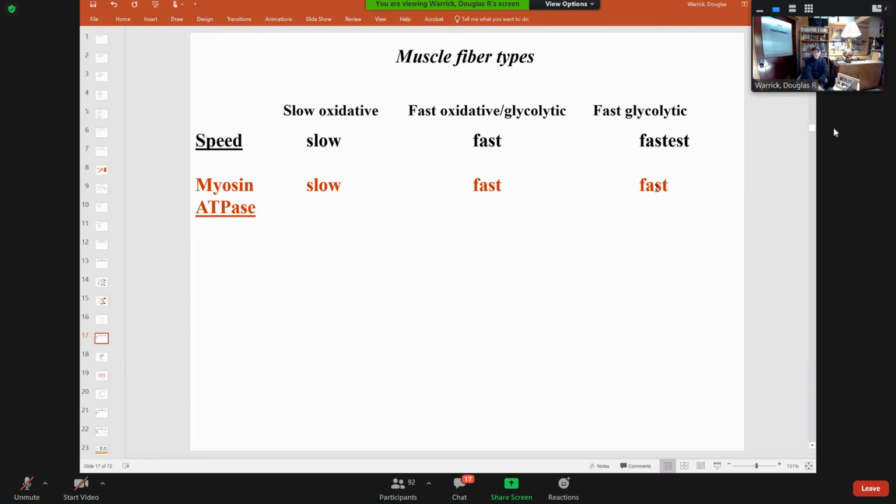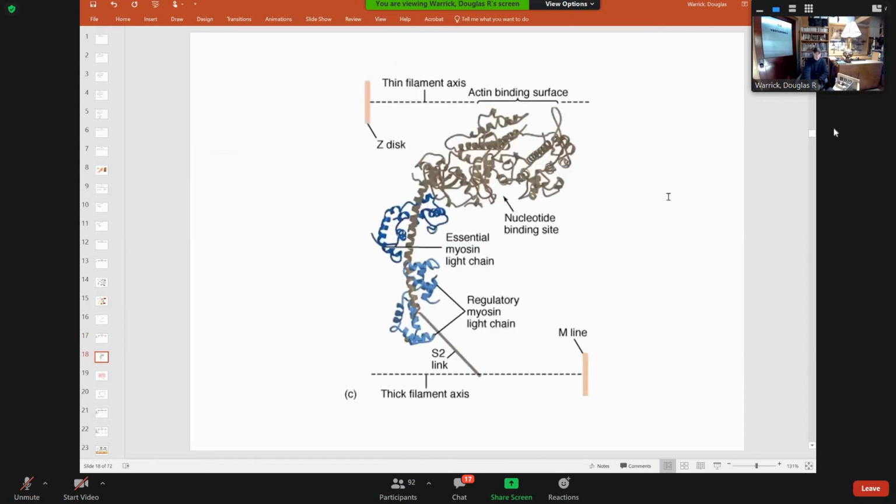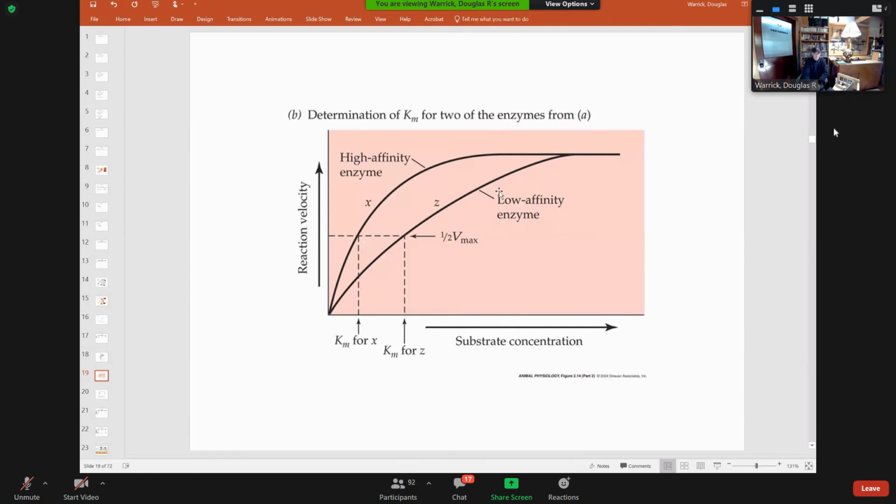Fast glycolytic fibers tend to have very fast myosin ATPase activity. If you want to think about it, there's again the nucleotide binding site, and so on. If you want to think about it in terms of enzyme kinetics, if you're a biochem nerd, you can think about it this way. Just like any kind of substrate, you have substrate concentration and reaction velocity, and for different allozymes of any enzyme, you can have different kinetics.